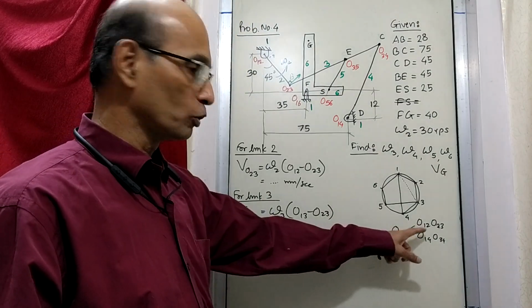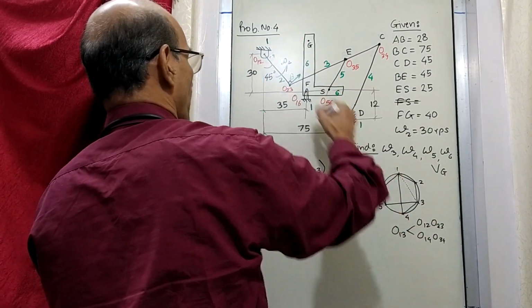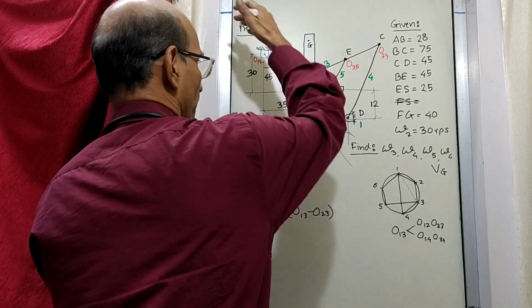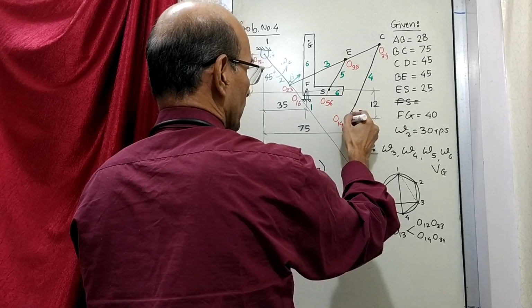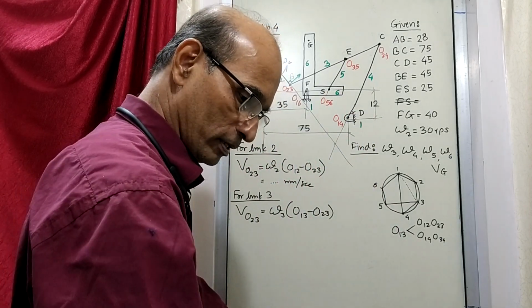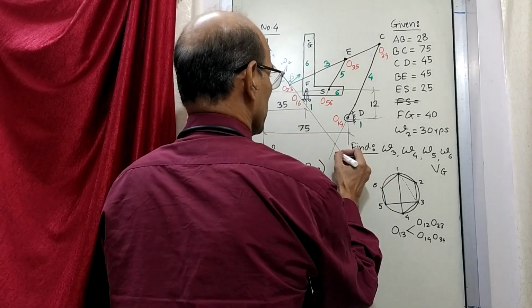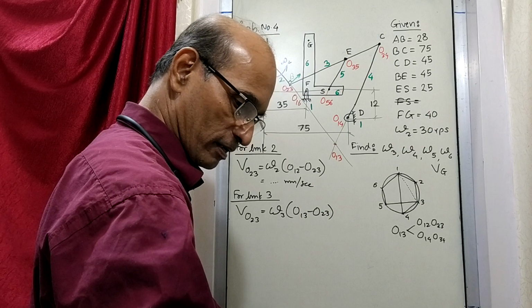Now we'll do this O12 and O23, this line. The other line is O14 and O34, in this line. So that is the intersection, which is the point O13. So we obtained this O13 there.